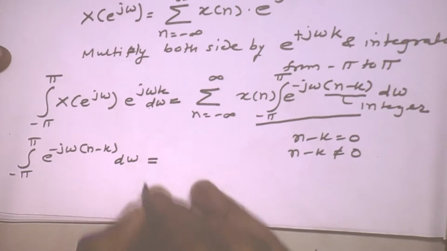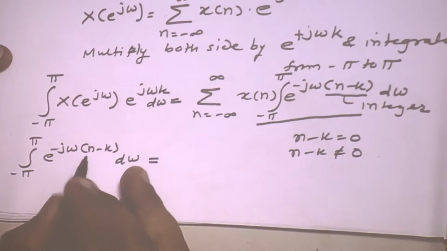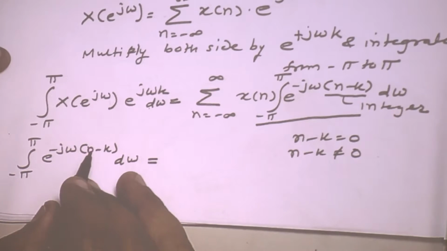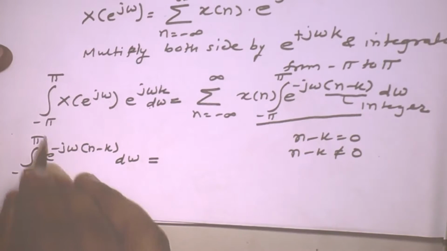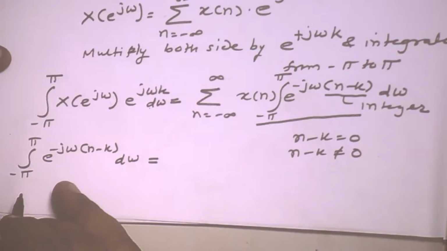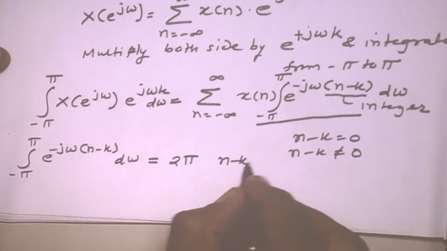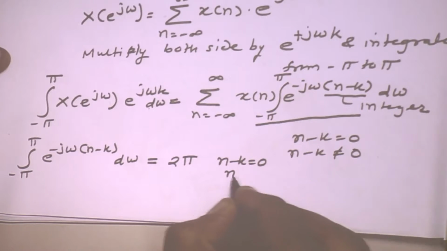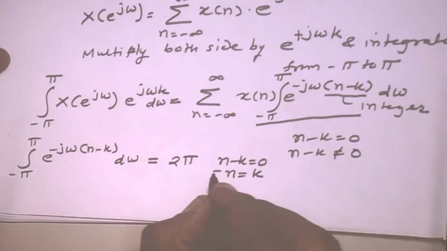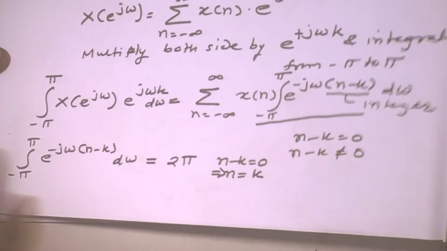This will be equal to, when n minus k is 0, it is easy. When n minus k is 0, it is 1, in the range of minus pi to plus pi. So what is the value? This is equal to 2 pi for n minus k equal to 0. It means for n equal to k. This implies when n is equal to k, the value is equal to 2 pi.